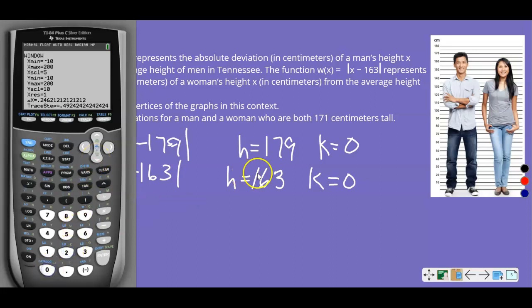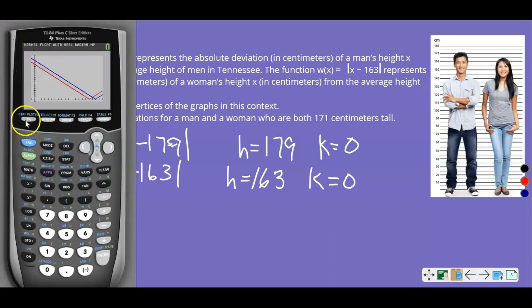We need a number bigger than either one of these. All right, and then our Y value, I don't guess it matters what our Y value is. So let's go back and change our scale. Since this is 200, let's change this to 10 as well. All right, so the Y's should be fine. Let's graph this, and now we should be able to see the vertex of both of these graphs.